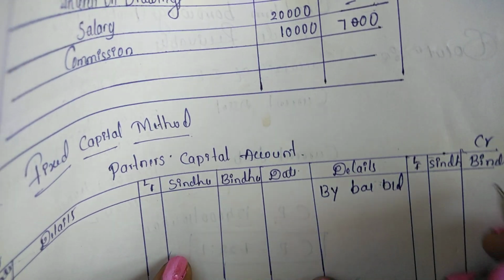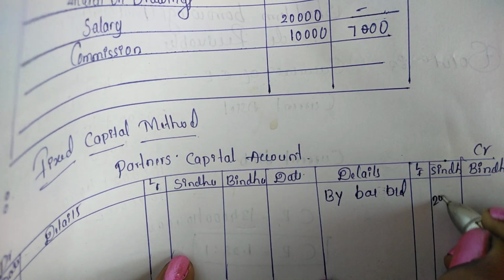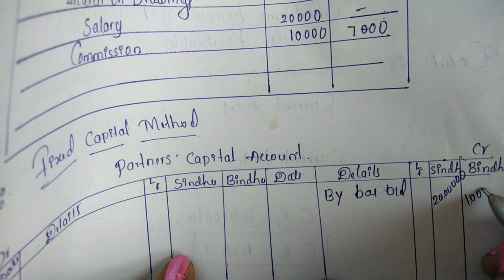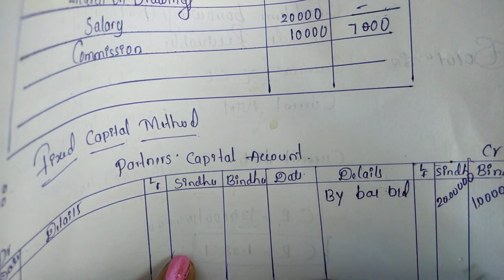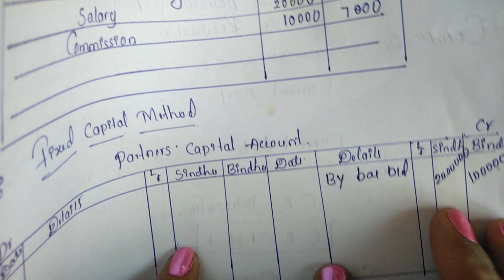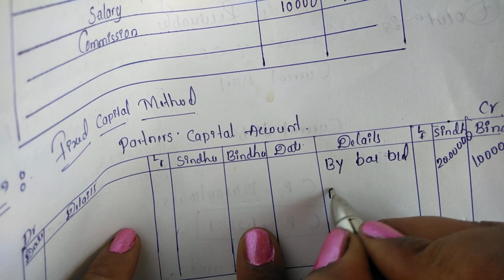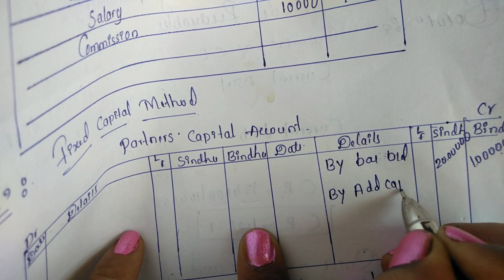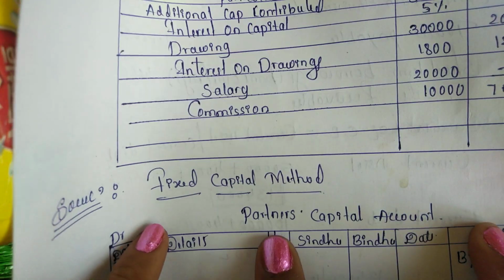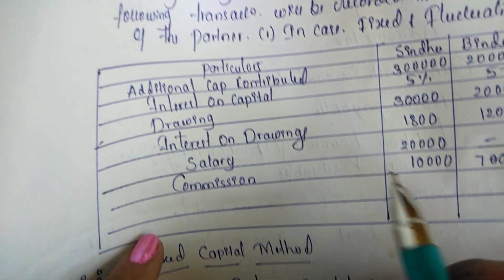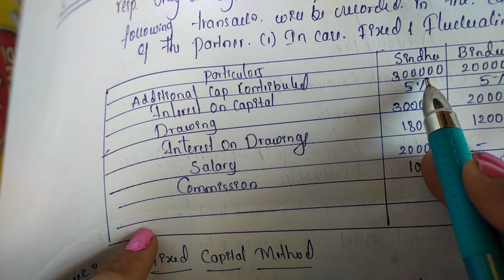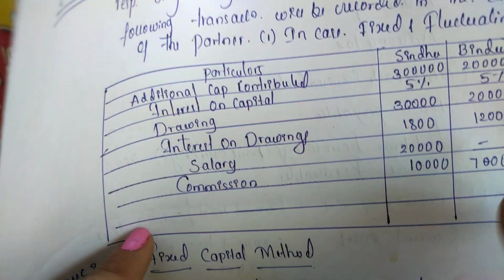Here you should write that amount on the credit side. Next, by additional capital. The additional capital is given in the problem. The additional capital contributed by Sindhu is 3 lakh and by Bindu 2 lakh.